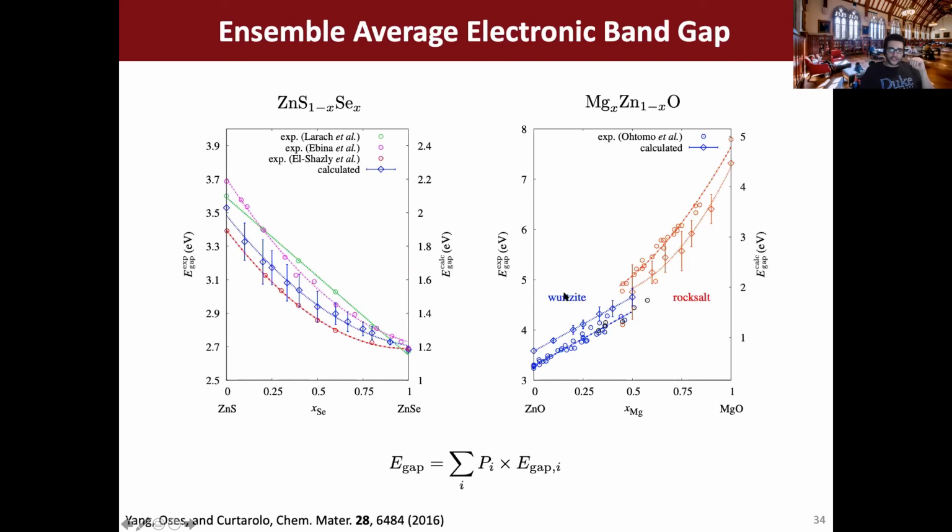You go from wurtzite structure to rock salt, and the system's actually able to model that well. For the wurtzite, we get a linear relationship. And then for these concentrations where we have a rock salt, you see that we get a jump in the band gap. So we actually do observe that with the model. The model is able to predict it, and it's got some curvature to it, a little bit, and the model is able to capture it.